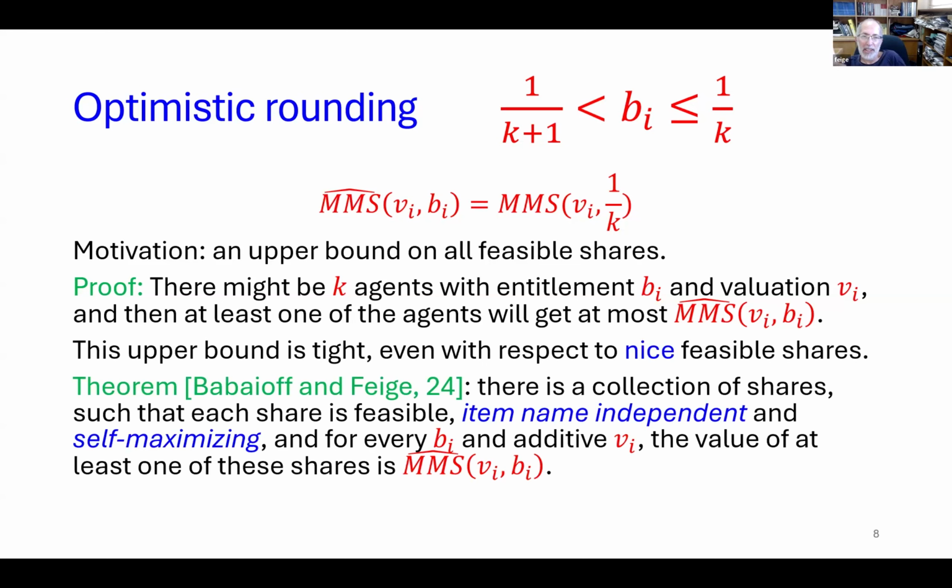And for every entitlement bi, and for every, let's say, additive valuation vi, the value of at least one of these shares is equal to this MMS hat. So if you want to dominate all possible feasible shares, you have to be at least as large as MMS hat, and being of this value MMS hat is large enough. So this share is dominating.